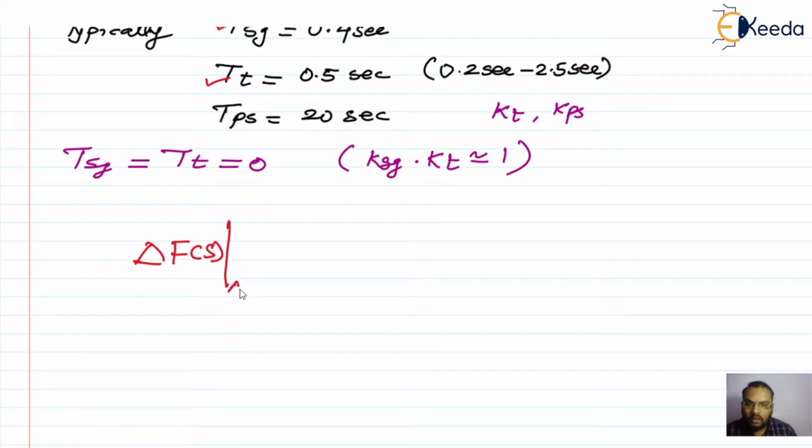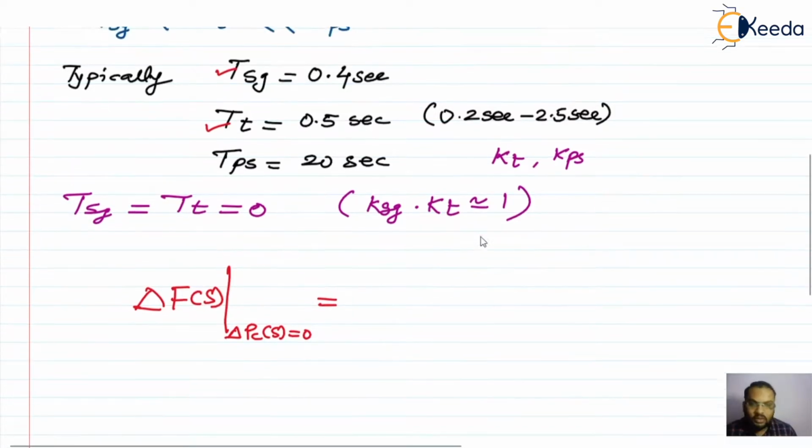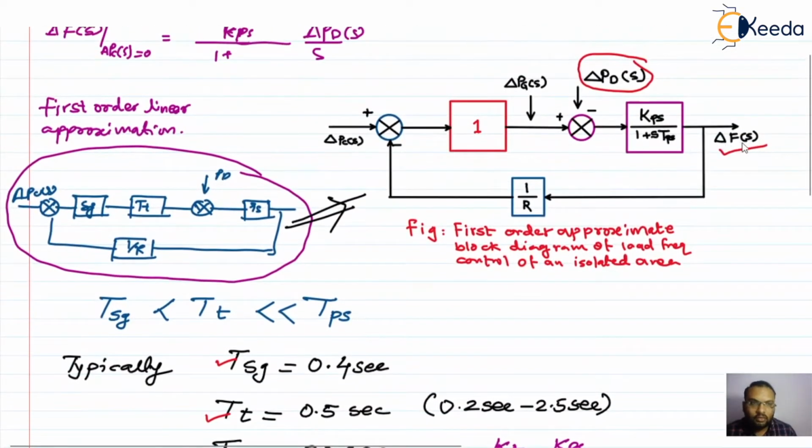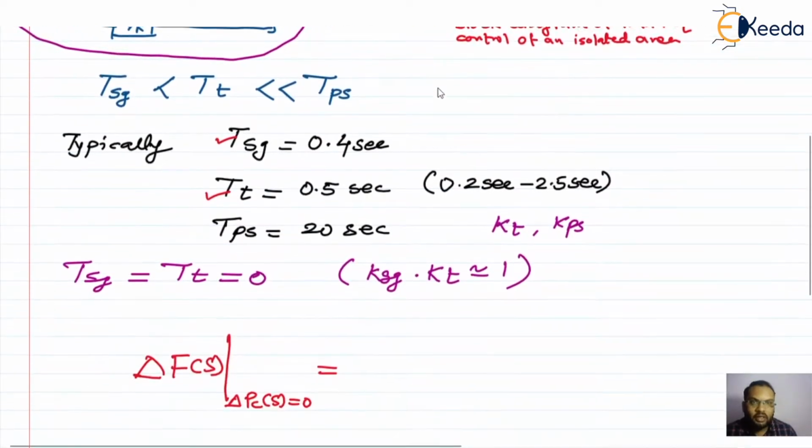Again, let us keep the commanded power to be 0. What is the input? This is my output, delta f of s, and this is my input. So output by input, we write this block divided by 1 plus this block plus this block into gain.